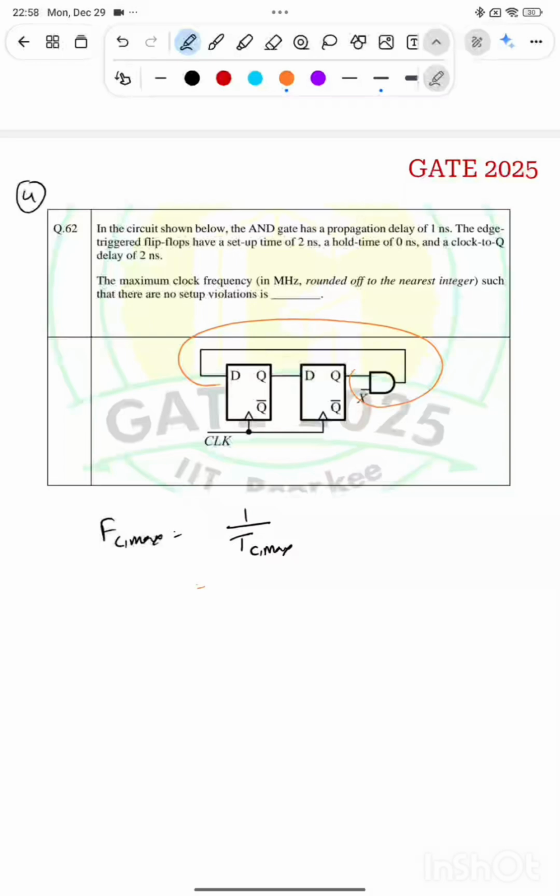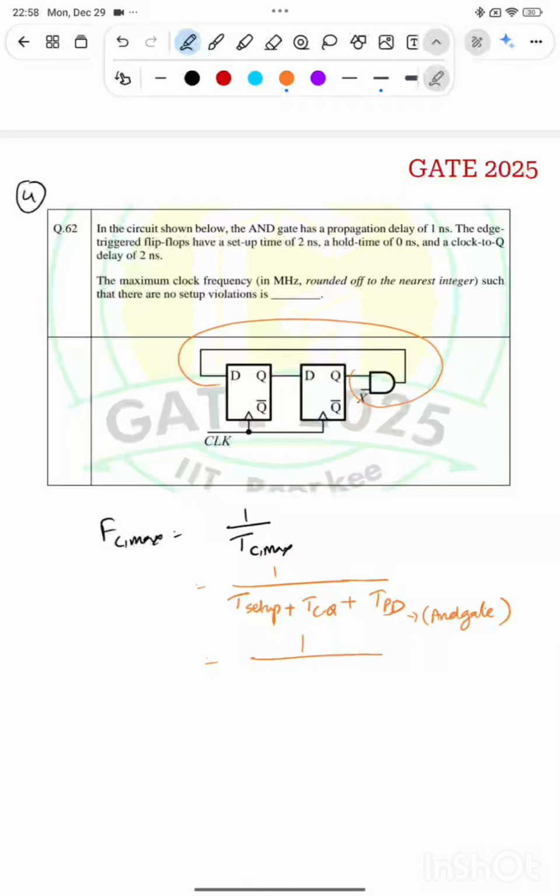So what will be the value? 1 by, what is the maximum clock time? It will be the setup time of the flip flop plus the clock to Q, TCQ, of the flip flop plus the propagation delay of the AND gate, TPD.